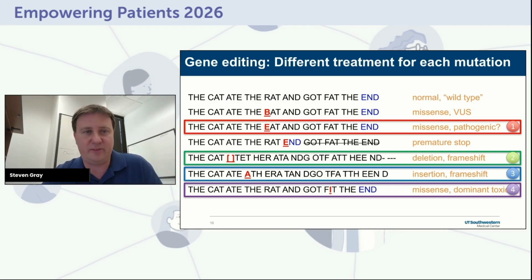So we'll contrast this with something like gene editing, where it's going to be very targeted to specific mutations, like correcting one letter at a time or a small group of letters at a time. And so now we've changed, and instead of having one treatment for all of these different things, now we have to make a separate design of a treatment for each of these individual mutations.